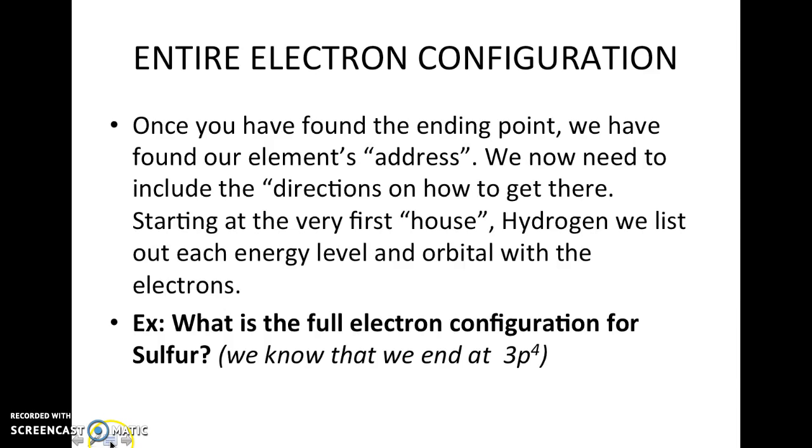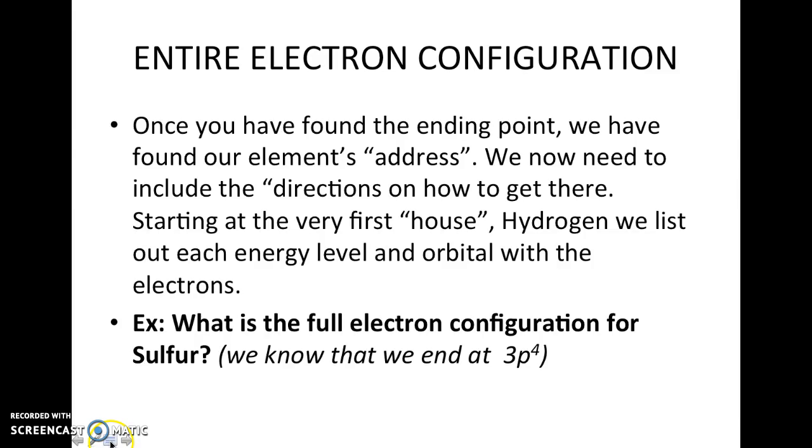So let's say I'm trying to figure out the full electron configuration for sulfur. I know that I'm going to end at 3p4. Well, my first orbital that I had to end at was 1s.